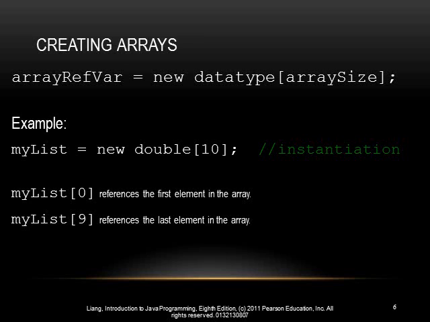In the example above, myList has been declared on the previous slide. We now use the new keyword to allocate memory for 10 values of type double. This process also initializes each value. For numeric data types, they are initialized to 0. Characters, that is char, are initialized to space, and boolean are initialized to false.